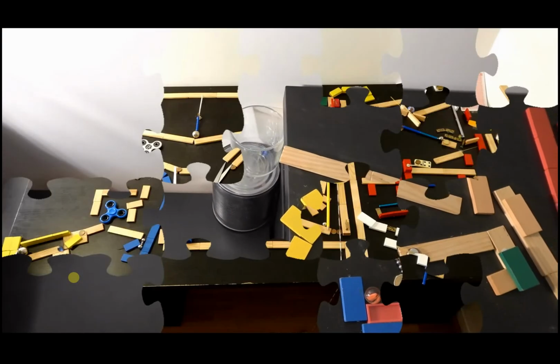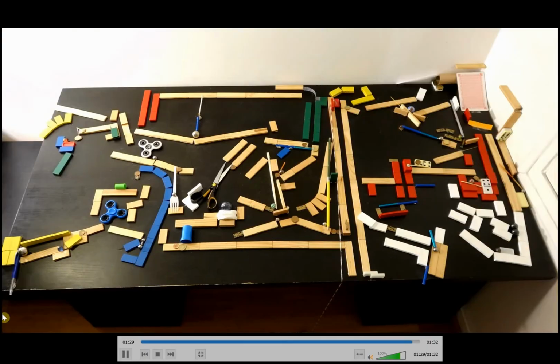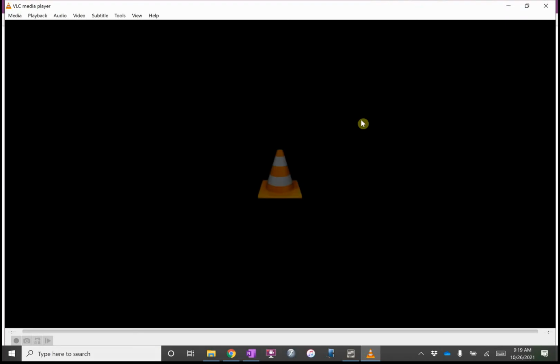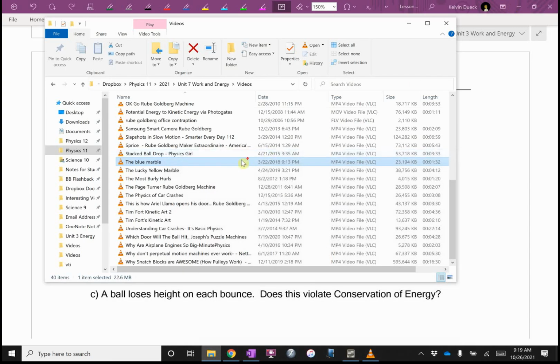So, I mean, that was just to get it in the cup. That wasn't much of an actual useful task. It's a little nicer if you can actually do a fairly useful task.